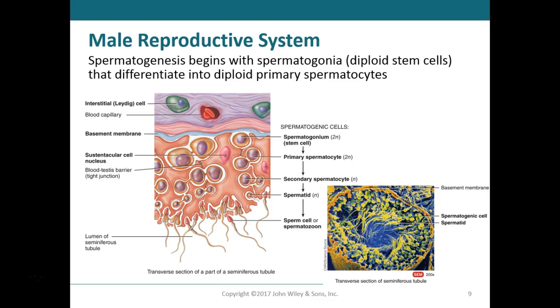Untreated bilateral cryptorchidism usually results in sterility, because the cells that start the spermatogenesis process are destroyed by the higher temperature of the pelvic cavity or the abdominal cavity, right?